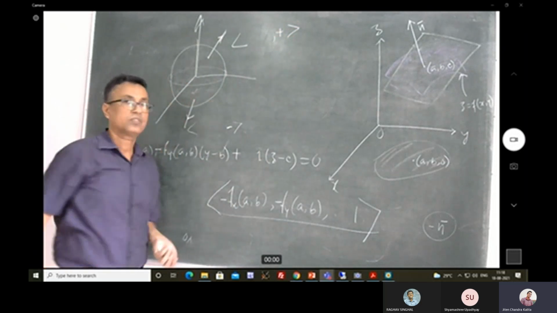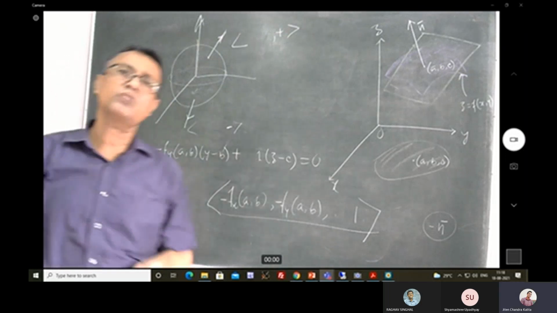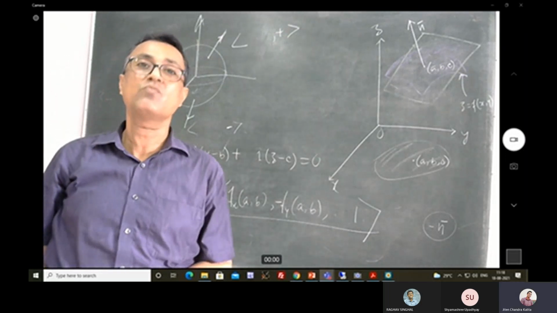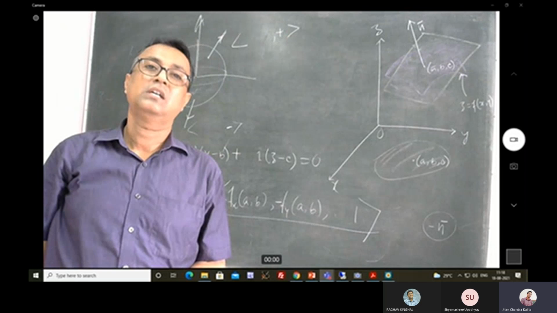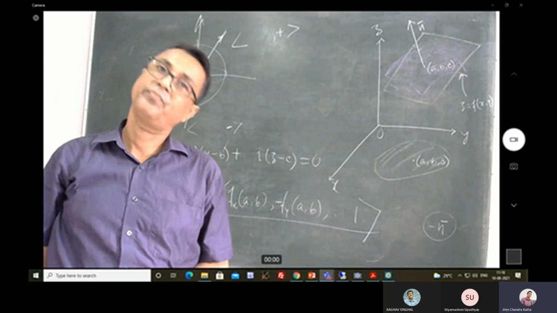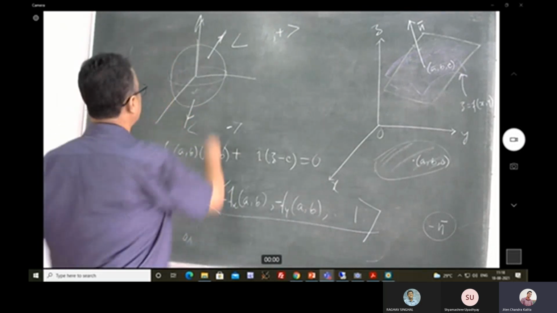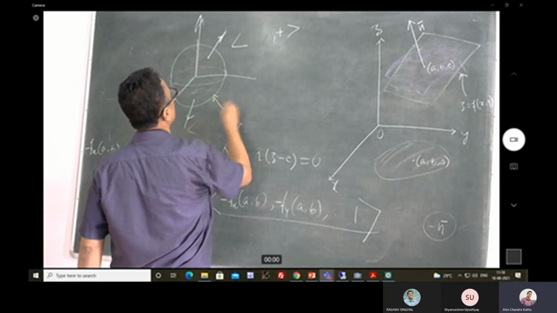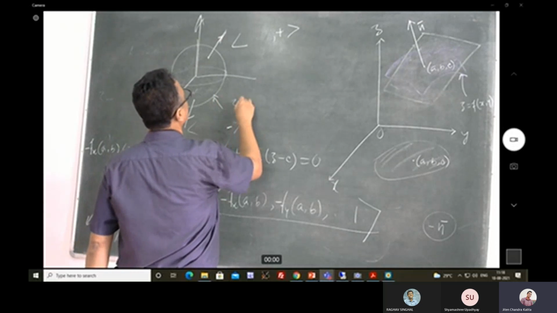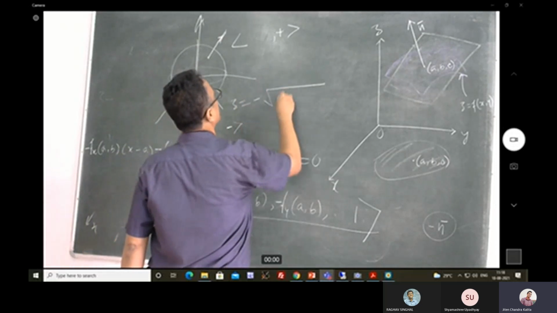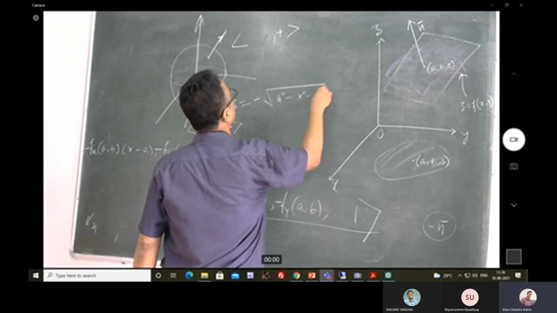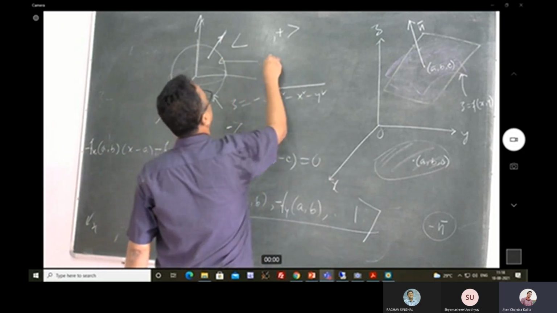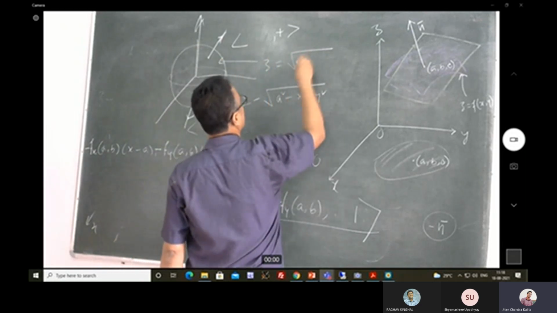So this is an illustration where, in order to decide whether it is outward or inward, you will have to look at the surface. Basically, this is going to be something like z equal to minus square root of a squared minus x squared minus y squared, and this part is going to be something like z equal to plus.